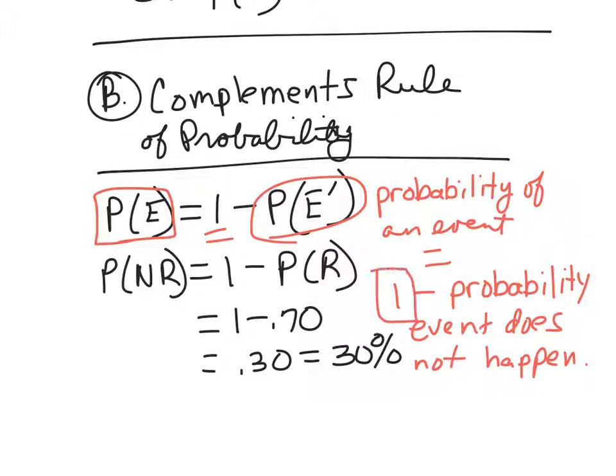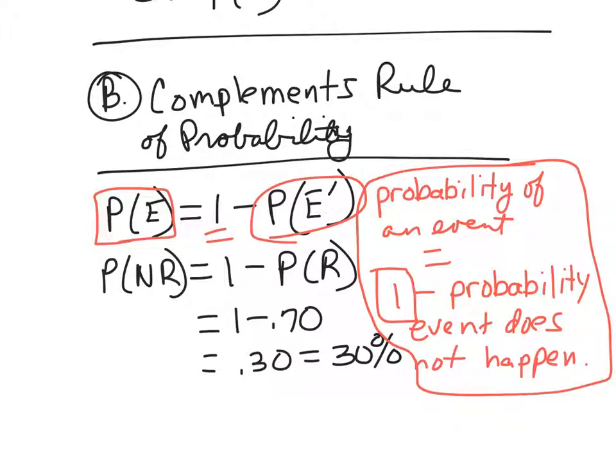So the biggest a probability can be is 1. So this is following that same notion. It's 1 minus the probability that the event does not happen. And a lot of times it's far easier to think in terms of complements when figuring a probability than it is to try to figure the probability directly. Let me illustrate.